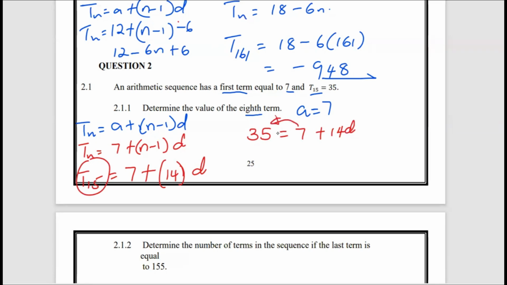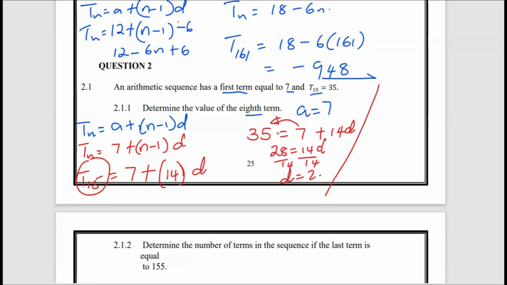Let's transpose the 7. So 35 minus 7 must give us 28, which is equal to 14d. Divide both sides by 14, which means our d value is 2.